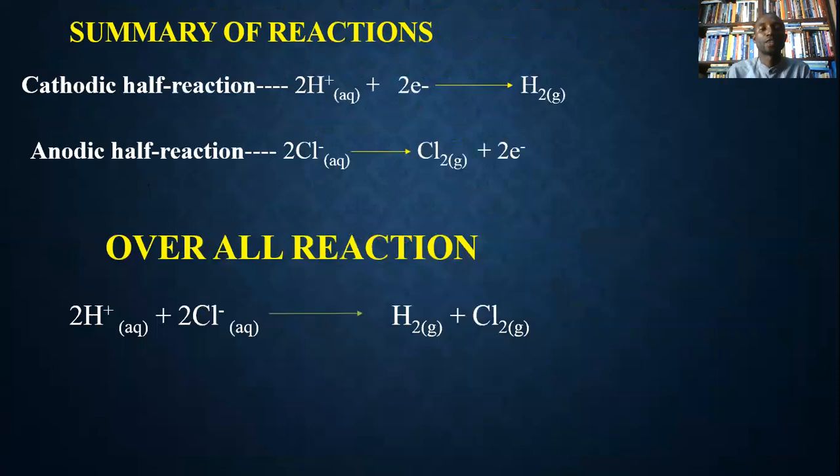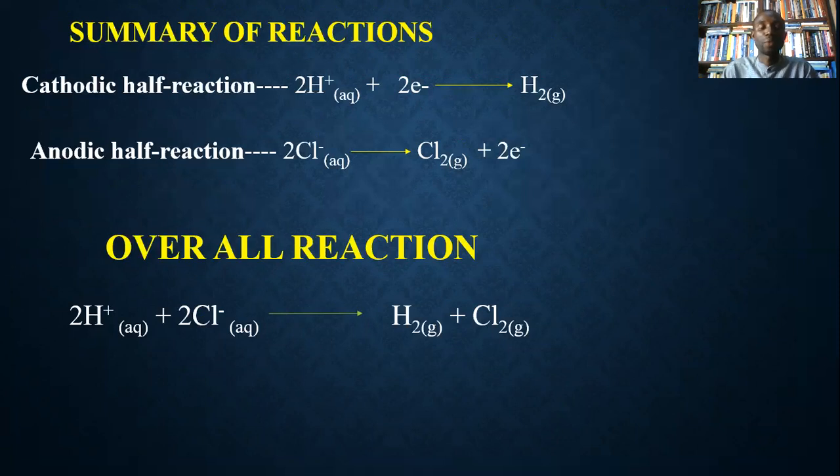All right, the summary of the reaction is that in the cathodic half reaction, 2H plus ions will receive 2 electrons in order to become a hydrogen molecule. Then in the anodic half reaction, 2 chloride ions will give up 2 electrons in order to become a chlorine molecule, or chlorine gas.